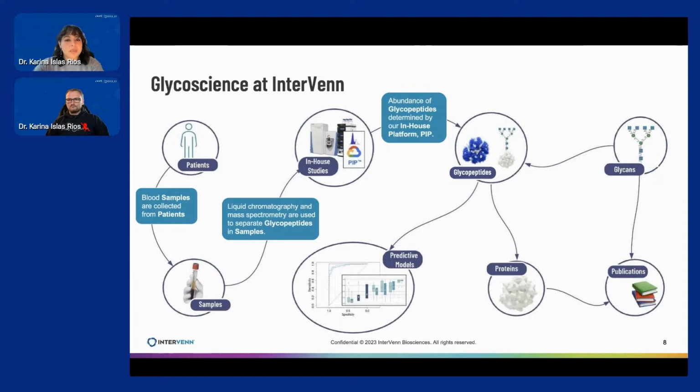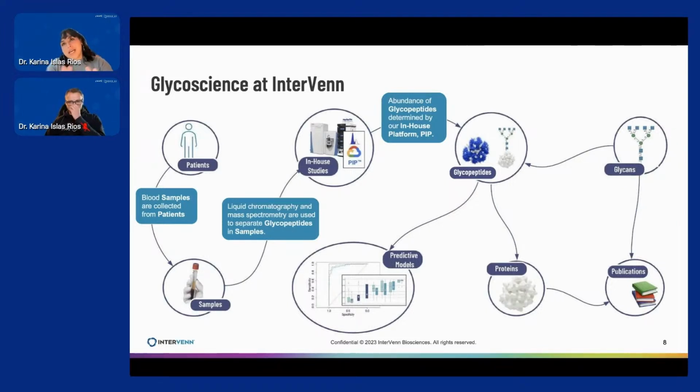Now with PIP, our platform, this is performed in seconds. Something that used to take months can now be done in minutes. So instead of looking again into the proteins, we can go a level deeper.